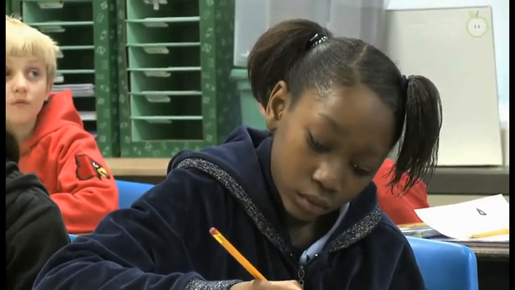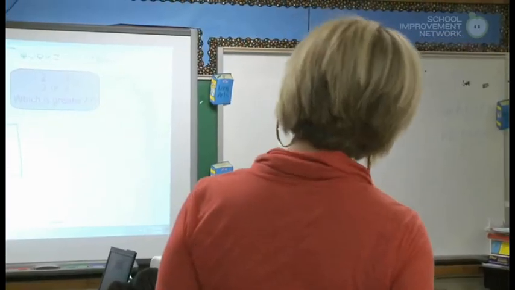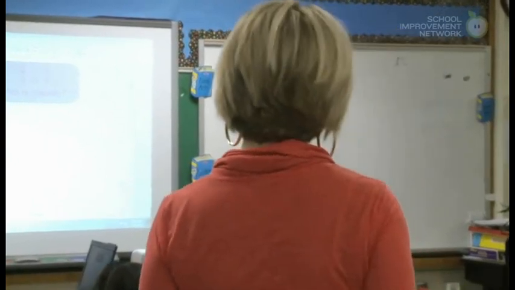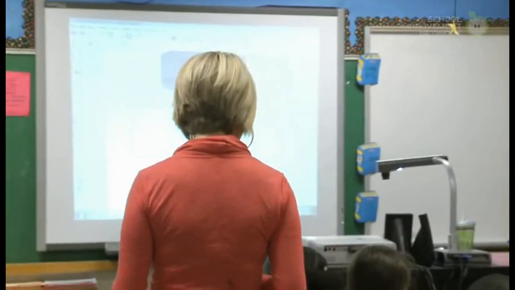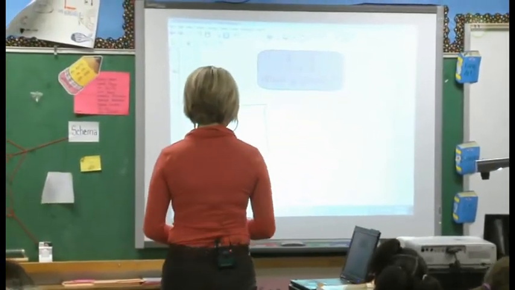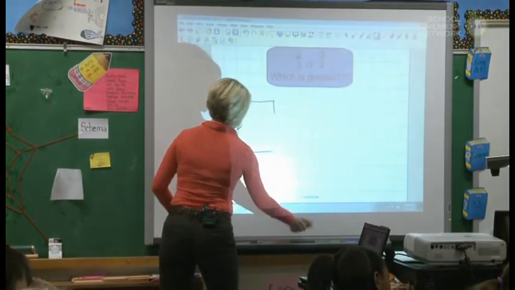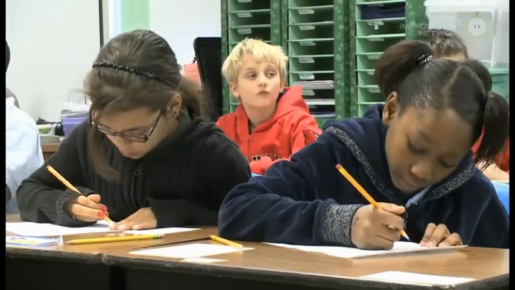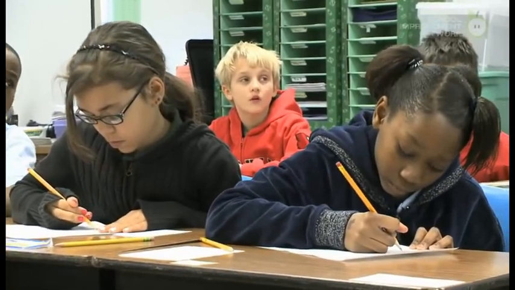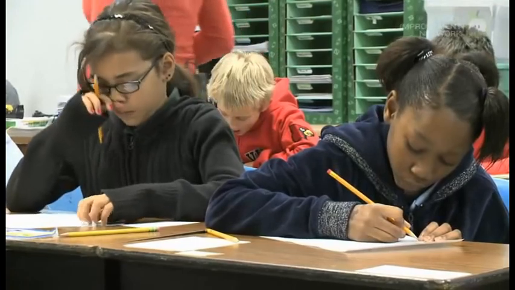Okay, so we have our 3 by 4. Now we have to shade in, oh, look how crooked mine is. 2/3. How are we going to shade in 2/3? 2 out of 3. I'm going to fix this. 2 out of 3. Go ahead and do it. Shade in 2/3 of your array. 2 out of every 3.